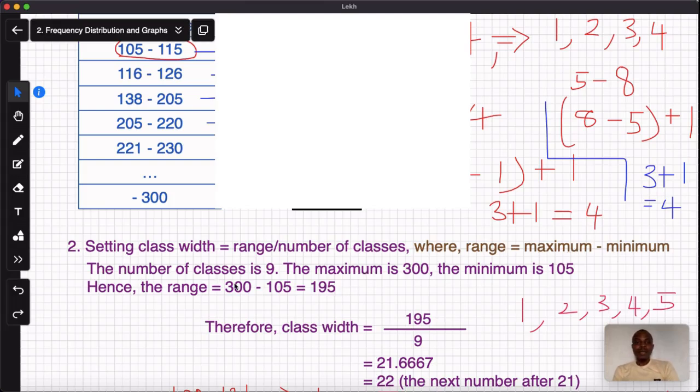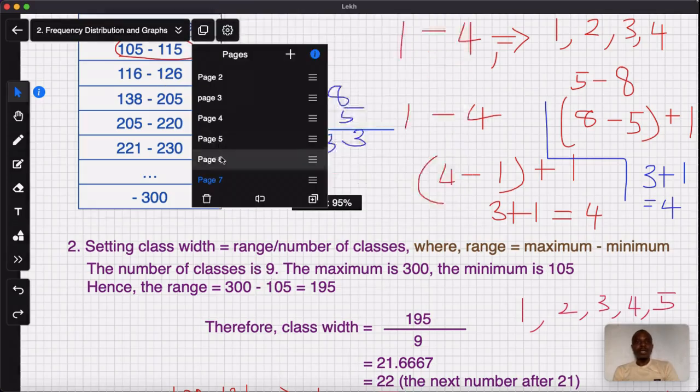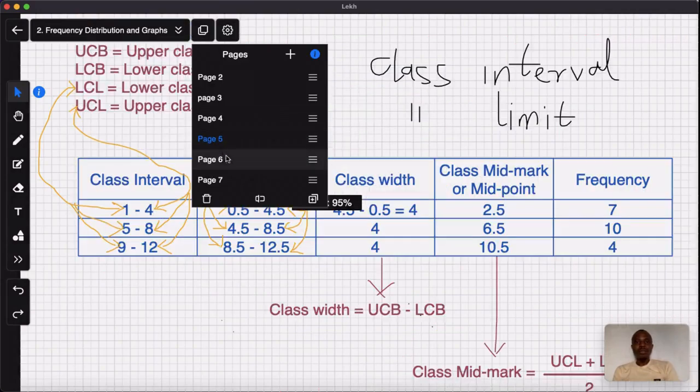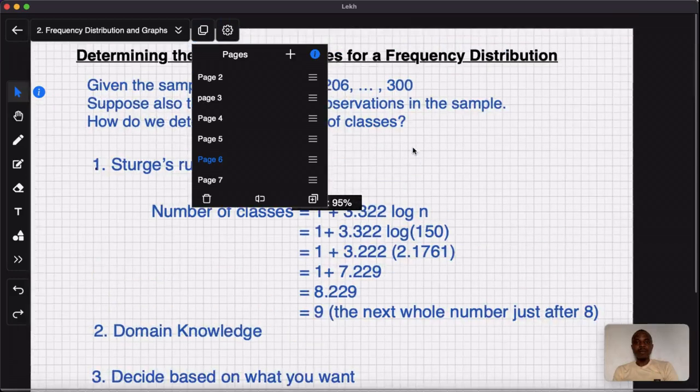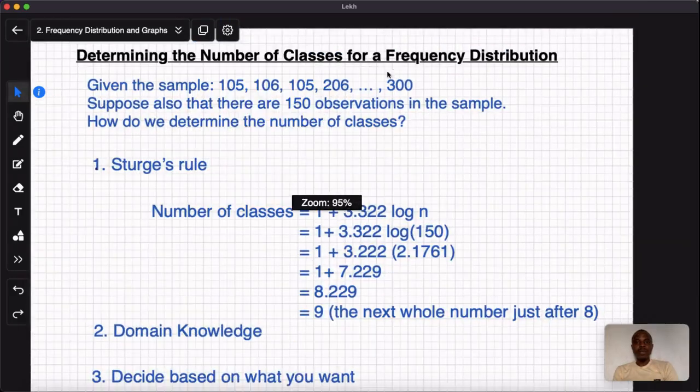And the number of classes we know is already 9. As I said before, I'm assuming the maximum is 300, and the minimum is 105.